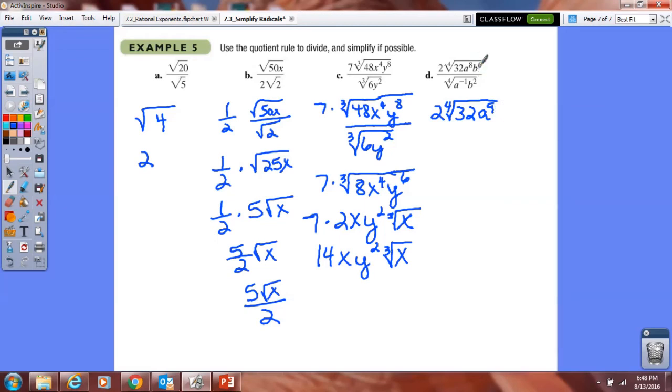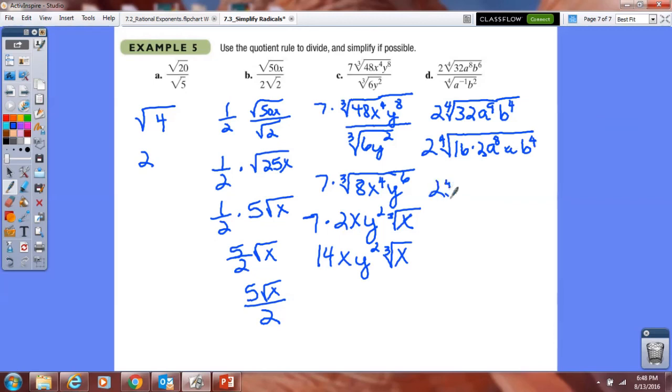Here we're going to subtract 2 from 6 to get b to the 4th. Now we can split this up. I'll do this one like we have been. We'll do the 4th root of 32. Well, that can split into 16 times 2. Alright, well, I'm looking for multiples of 4, so we've got a to the 8 times a, and then multiples of 4, we're going to leave b to the 4th as it is.